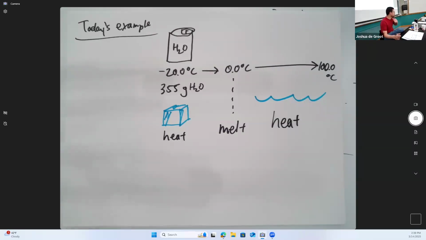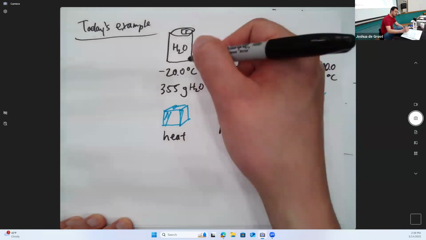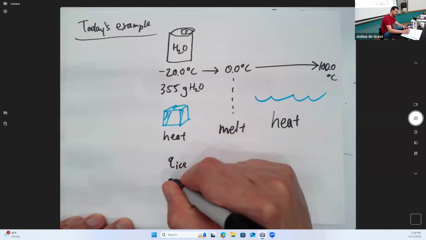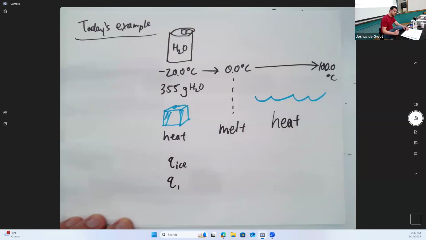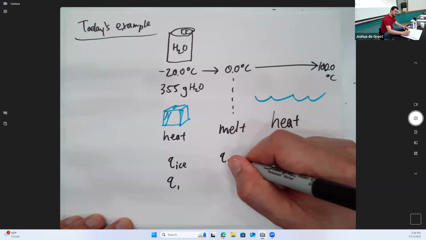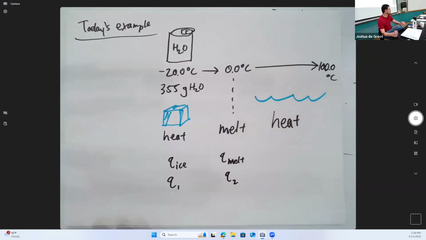And there's 3 different heats that we're going to calculate. We're going to calculate the amount of heat required to heat the ice. So we're going to call that Q ice, or maybe Q1. Then we're going to calculate the heat required to melt the ice, Q melt, or Q2.